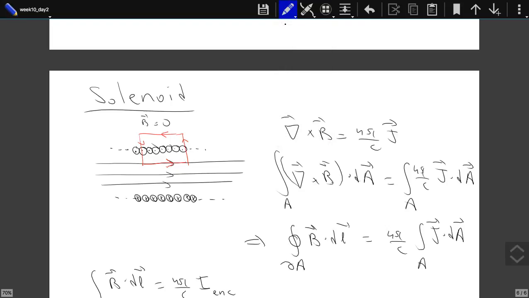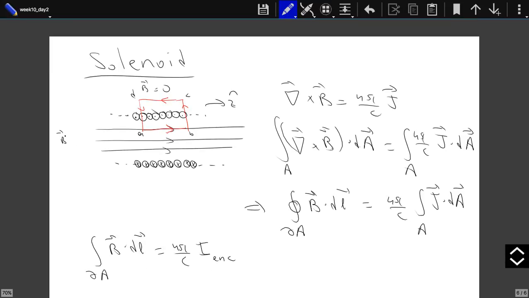Let me give some names to the corners: A, B, C, and D. Let's take this to be the Z-axis. Inside, let me just call it B in the Z direction. Let's just use cylindrical coordinates.